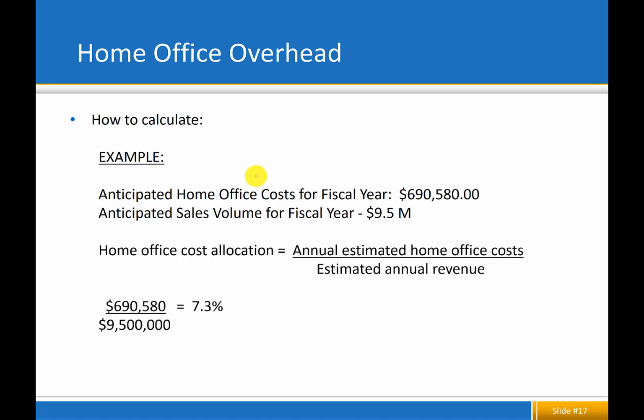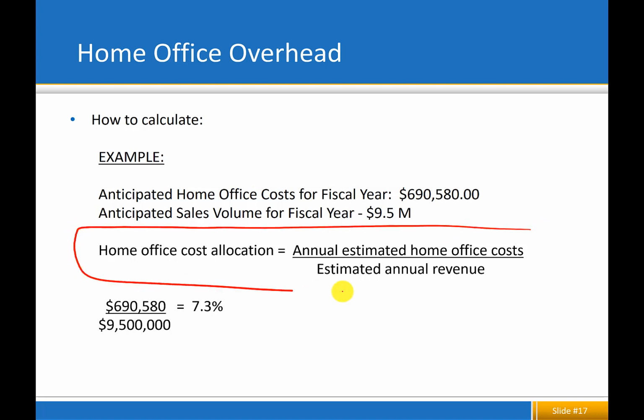That would be as easy as that. So that's the equation for you to refer to. That would be the cost of home office divided by your annual revenue generation, and 7.3%, right?